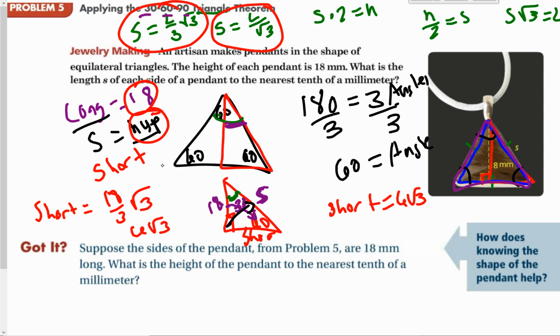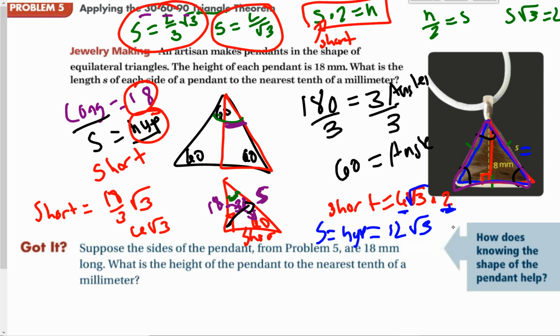To get my hypotenuse, don't I just multiply my short leg by 2? I can't times the root 3 by 2 because that's a root, but this 2 is on the outside, it's a whole number, and so is this 6, so I multiply those together. So 12 root 3, that is my hypotenuse, which stands for S.